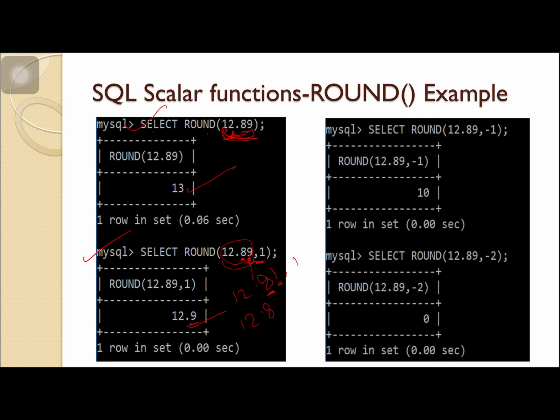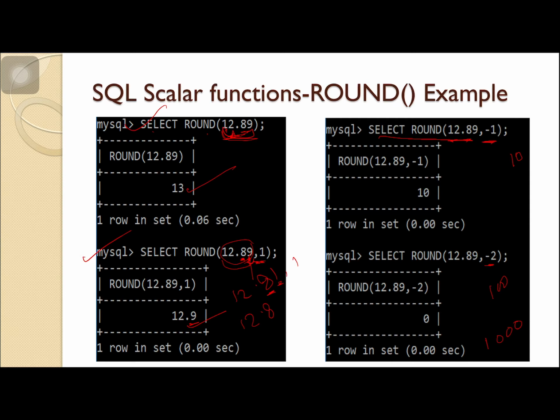Now the third version of the round function. If we write select round number comma -1, -1 means nearest tens, -2 means nearest 100, and -3 means nearest 1000.